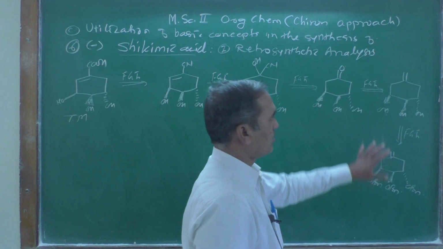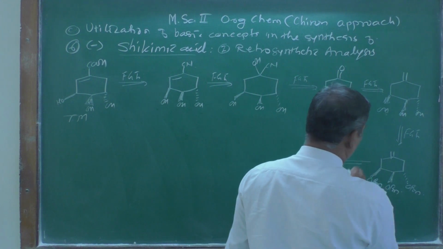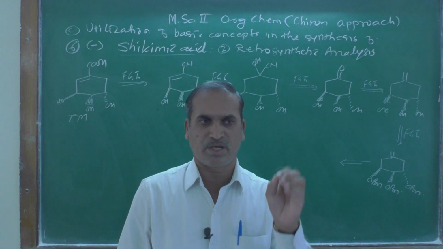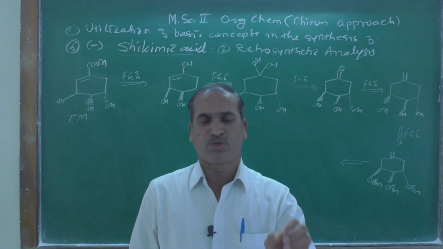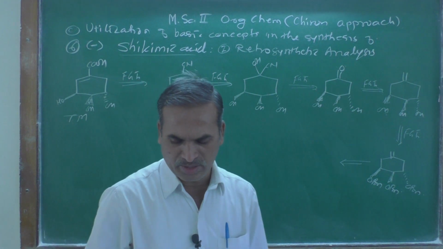What we did is a functional group interconversion, and as we know, functional group interconversion means one functional group is converted into another so that this connection becomes possible, and that's why we are doing this.